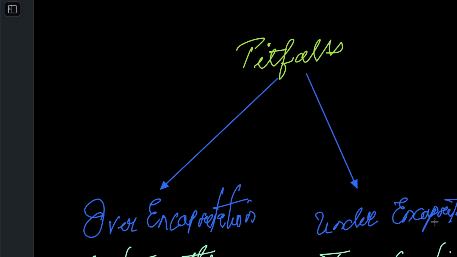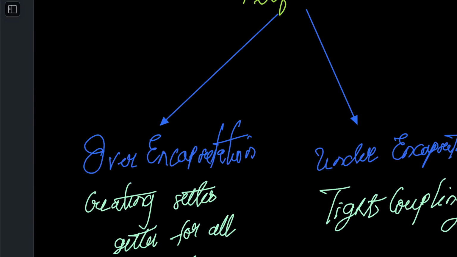Now the drawbacks, the pitfalls, are over encapsulation and under encapsulation. Over encapsulation is when there are certain attributes that we can expose to the outside that wouldn't hamper our internal code, but we make them private anyway.